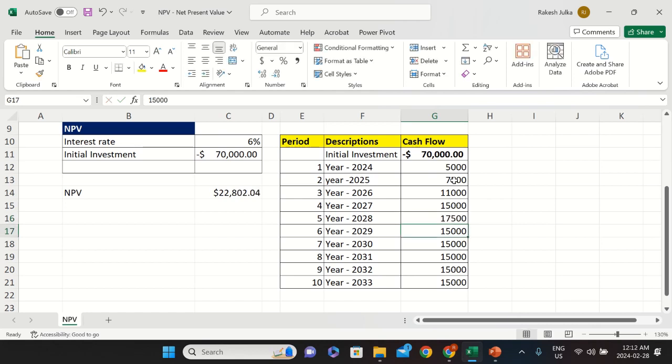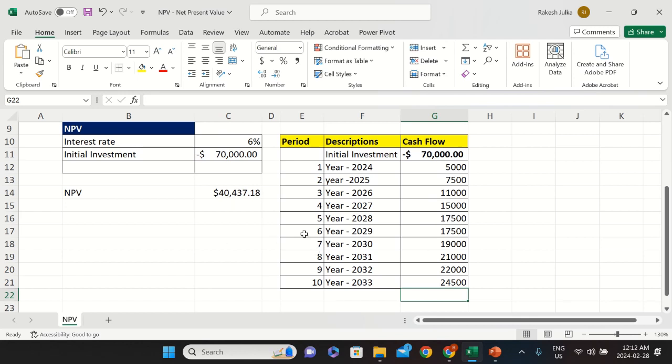Then we have, let's say, again 17,500. Then we can write 19,000, 21,000, 22,000, and last we can calculate the 24,500. So in this way, this is the different cash inflow amount that we have here.